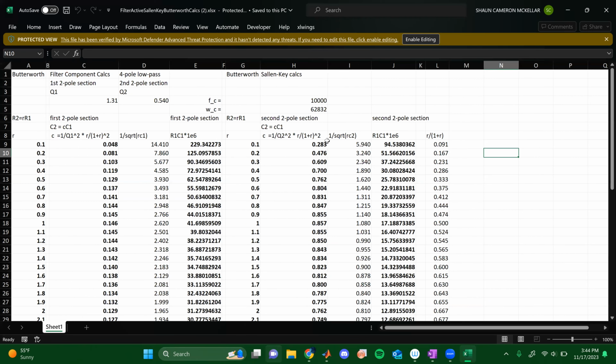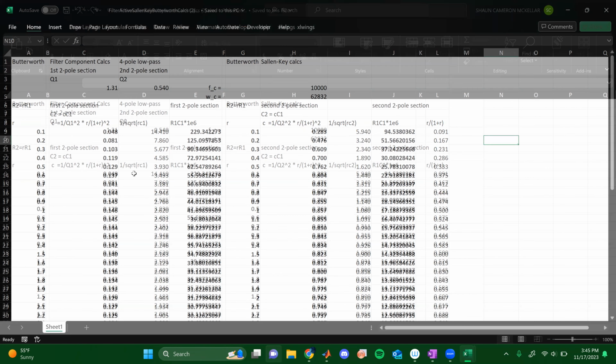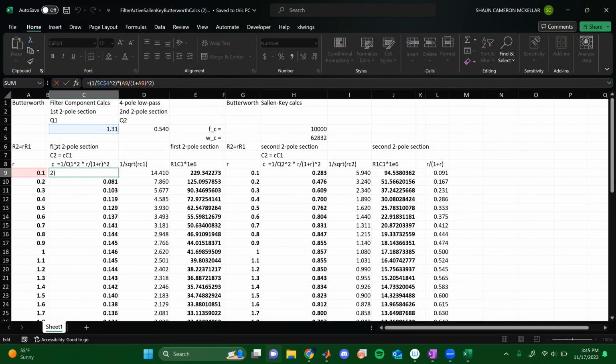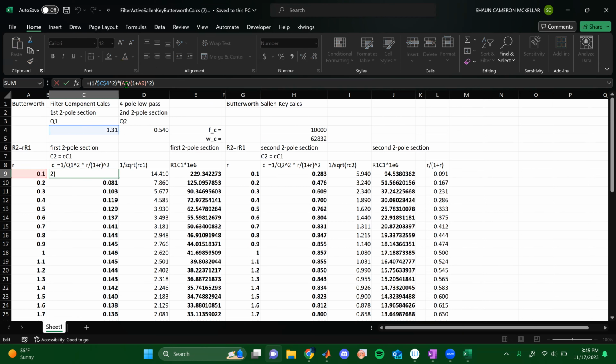So here's the Excel spreadsheet, and you can click on any of these cells and it will tell you how it's calculated. I clicked on this top cell and it shows me the various values that come into play and how to come up with this equation.